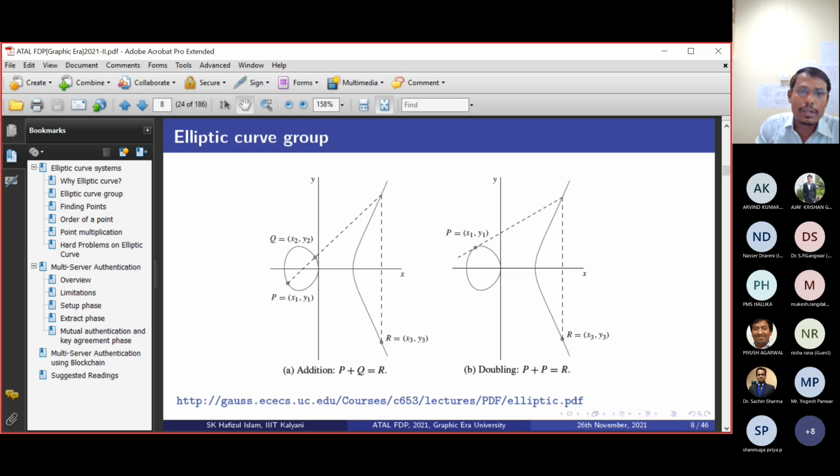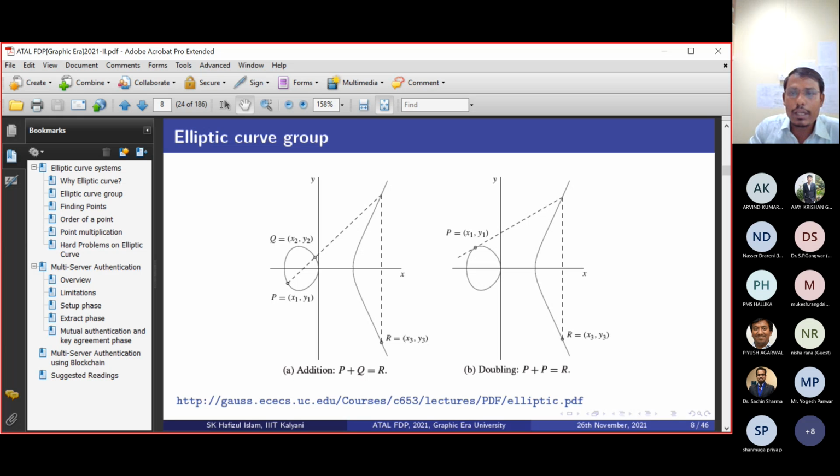Okay, suppose this is an elliptic curve. I took a point P and a point Q. P is x1, y1, and this is x2, y2. If I draw this line, it will cut the curve at minus R. I denote minus R as x3, y3 prime, because its reflection with respect to the x-axis will be x3, y3.